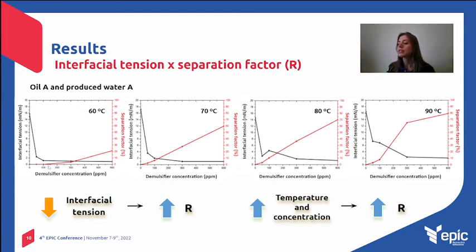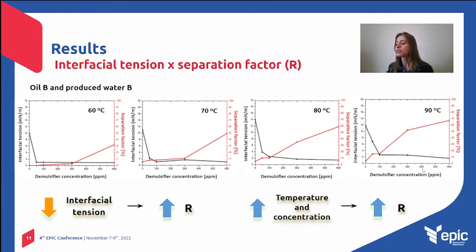So we can see the separation factor increasing, right? With interfacial tension decreasing for all temperatures analyzed. And the highest separation factor was achieved in the highest demulsifier concentration and temperature.